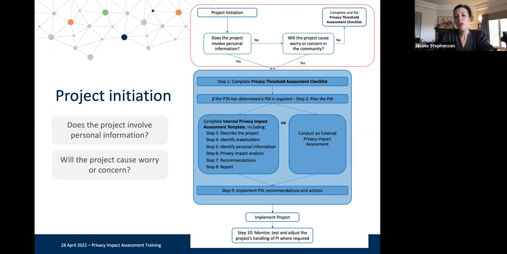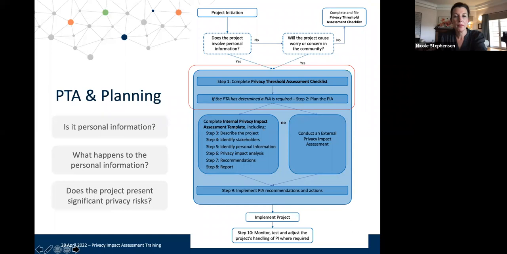Will the project cause worry or concern in the community? Potentially not. It is probably a project that would be welcomed by the community, but nevertheless, the fact that it involves personal information is enough to trigger the privacy assessment process.